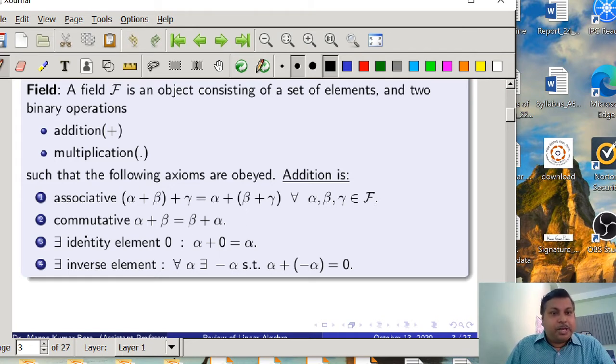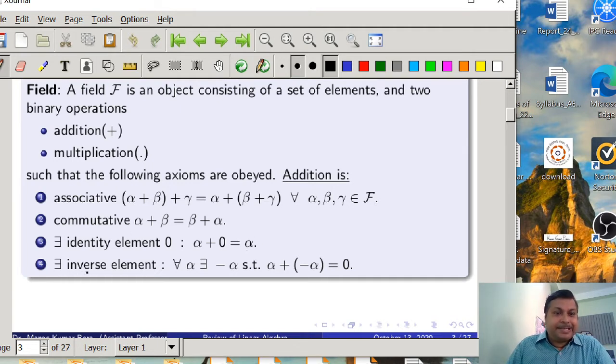And also there must exist an identity element, that is 0, that is alpha plus 0. If you take any element from the field and add 0 to alpha, you will get back the same element alpha.